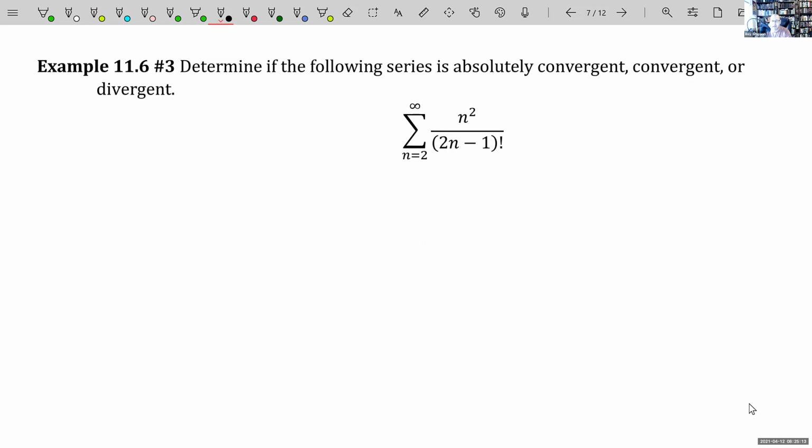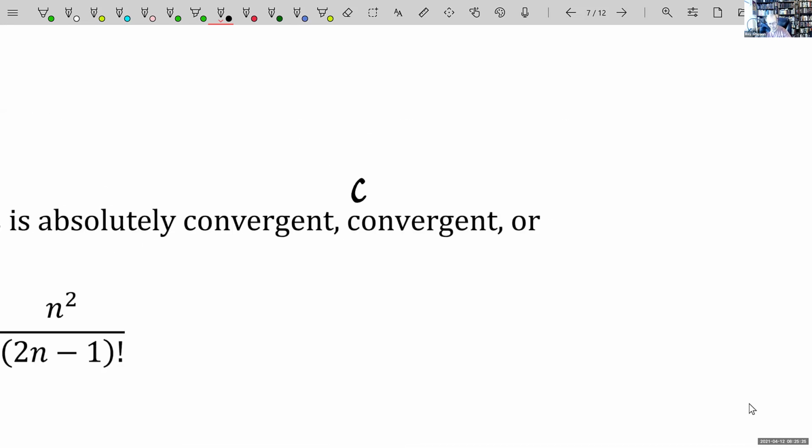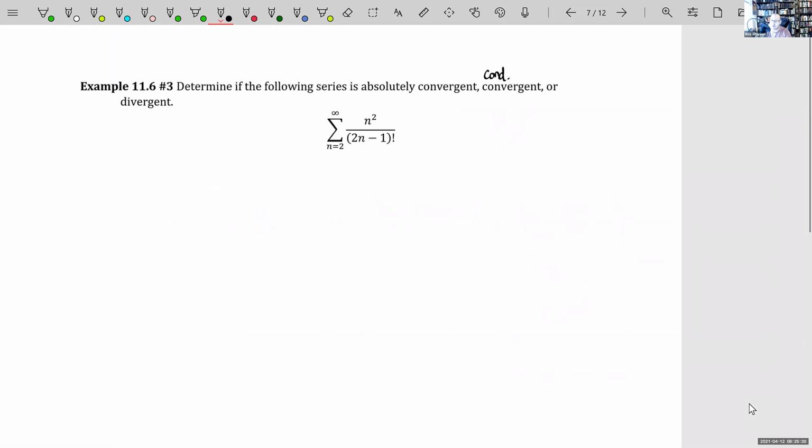So let's see here. Yet another example. Determine if the following series is absolutely convergent, conditionally convergent, or divergent. And someone asks, I'm confused as to how the original series is divergent.